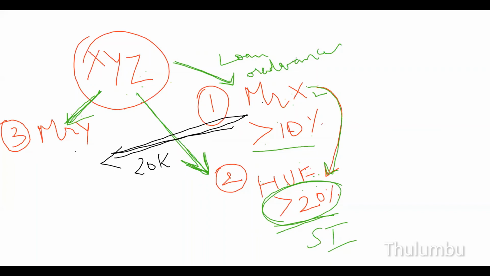The shareholder should hold more than 10%. So in the company, X holds more than 10%, and if the company gives him a loan, it is called deemed dividend for Mr. X. Second case, X has more than 10% in this company and he also has more than 20% in an HUF.